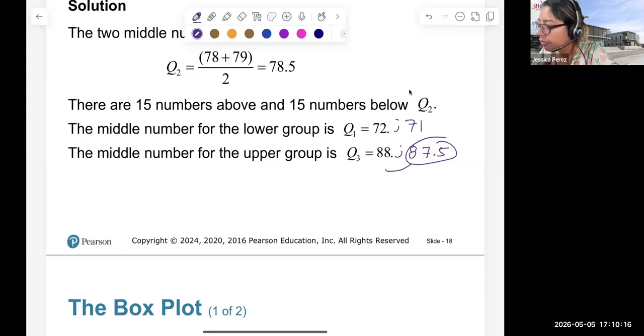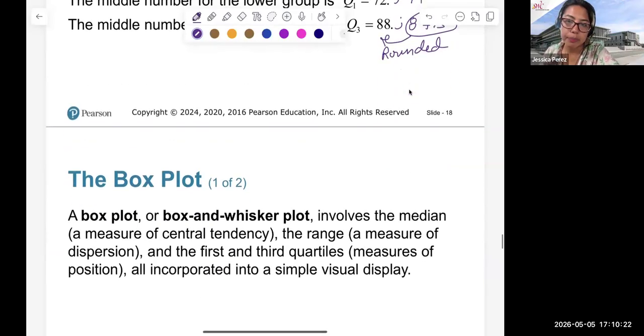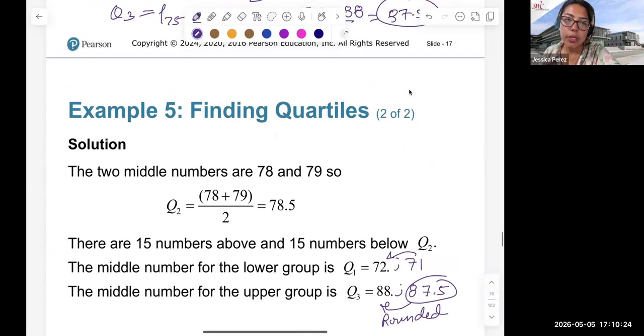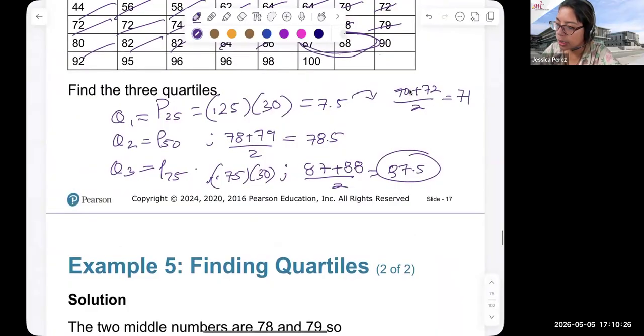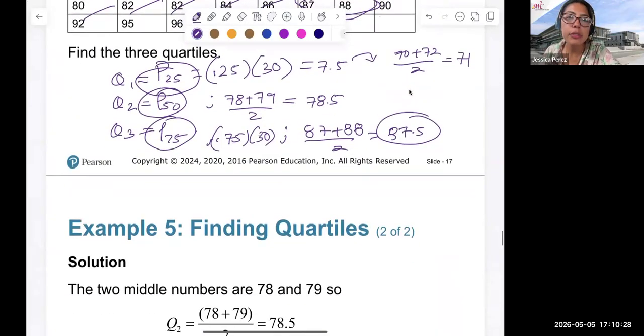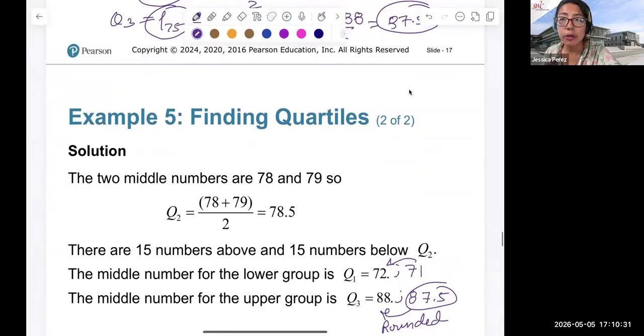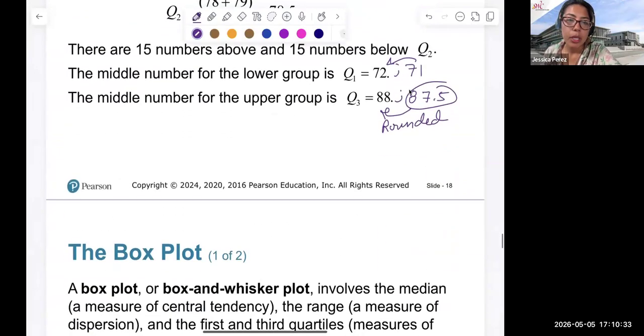So this was the rounded version. Same thing here, so they moved to the second one. Now, you can do it using percentiles, I would accept it. You can also use your calculator to find quartiles.